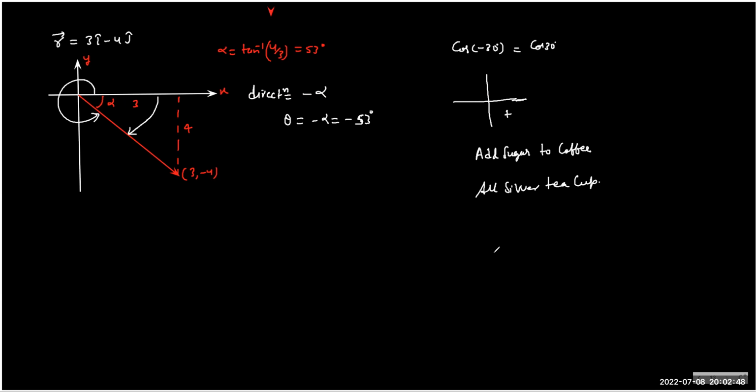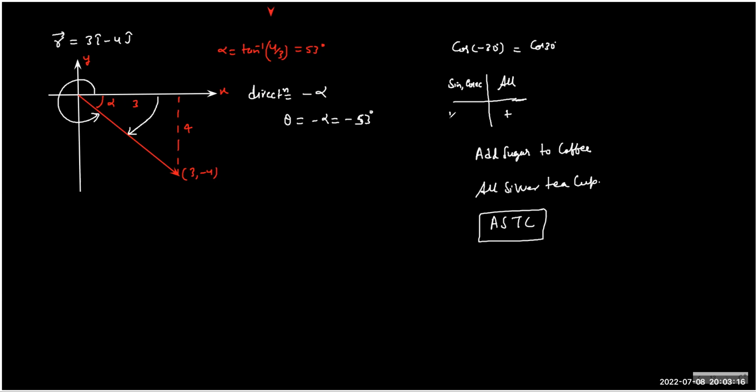So add sugar to coffee or all silver teacup, or as you say ASTC. You can remember the way, which means the first is called all. All are positive. Any ratio you can take, all are positive. The second quadrant will tell you that the sine and its opposite, which is cosec, are positive.